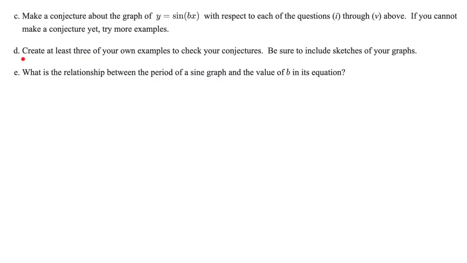Okay, so all three of these things are just kind of asking the same thing. What is the relationship between the period of the sine graph and the value of b in its equation? So when we had those pieces there, we had just normal sine of x, and that was equal to 2 pi. Then we had sine of 0.5x, and that was equal to 4 pi.